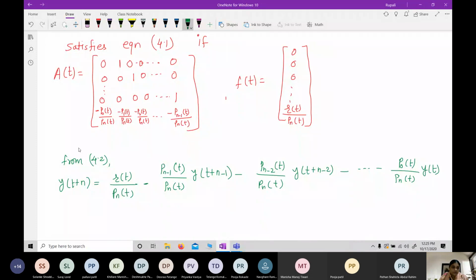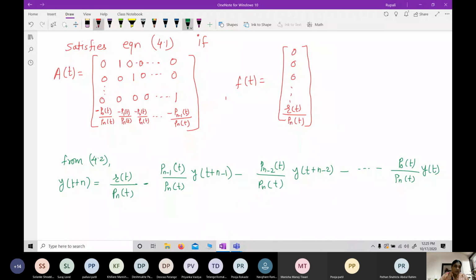Is that okay? This is from equation 4.2. I am dividing by pnt on both sides and then taking LHS to RHS side. Only y at t plus n I am keeping this side. Is that okay?